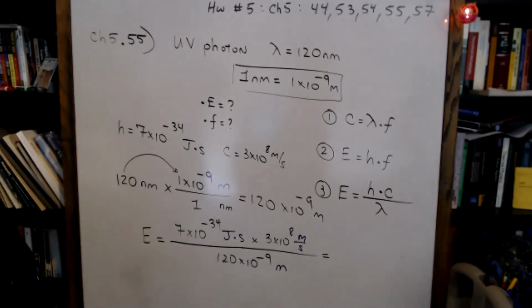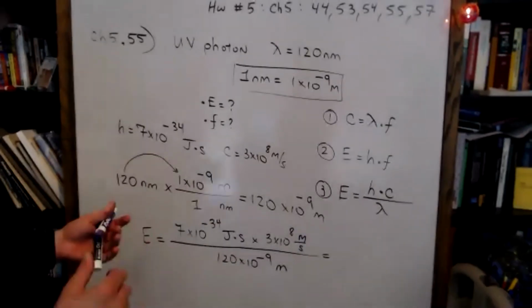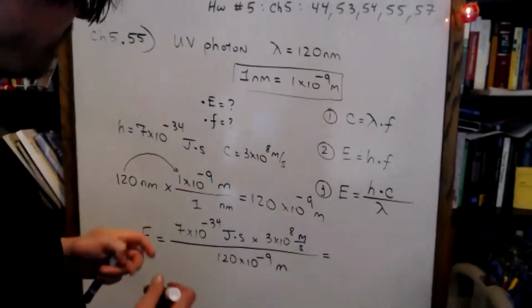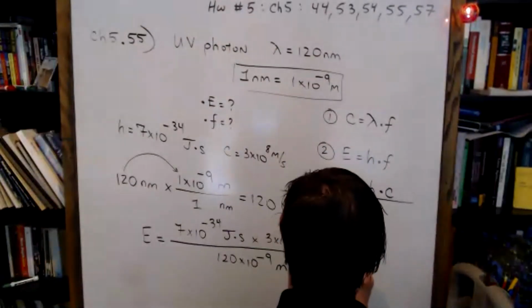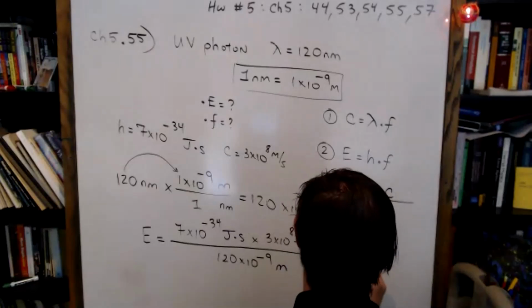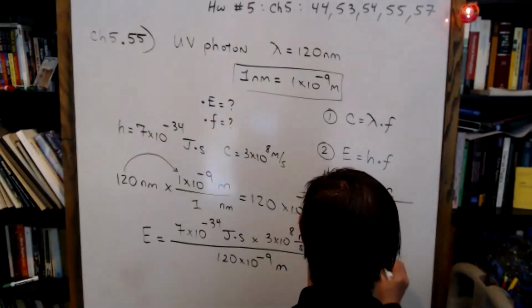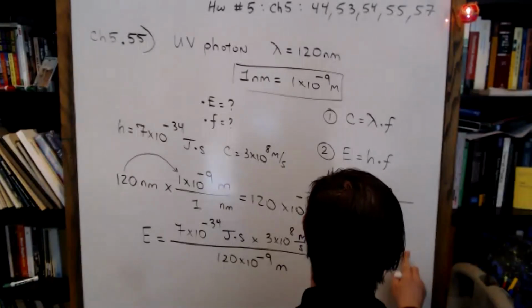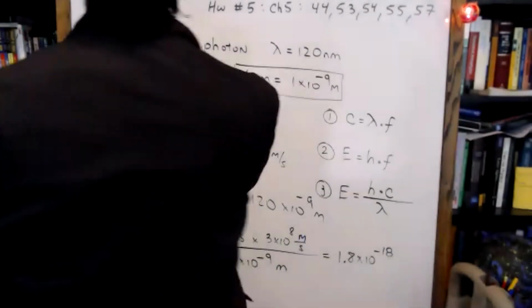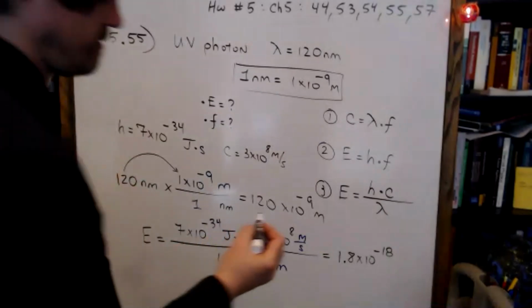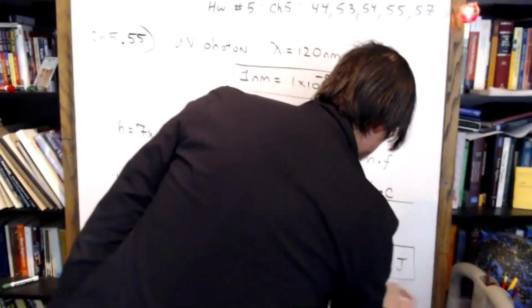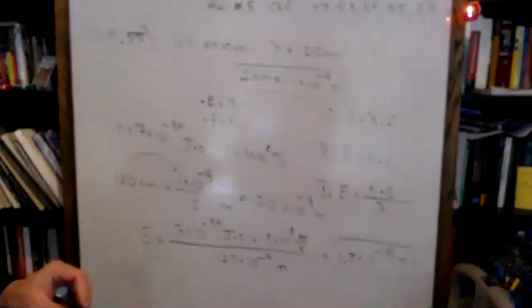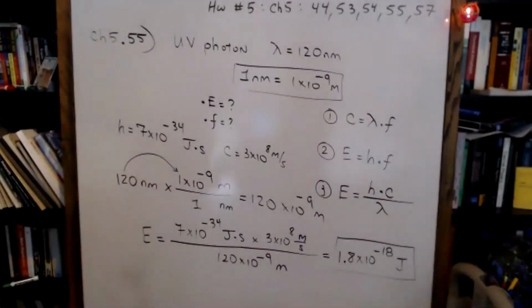I'm sorry, I made a mistake. So it was 1.8 times 10 to the minus 18. What are the units? Joules, right? Yeah. Deep apologies to whoever shouted that out first. I was doing bad maths.